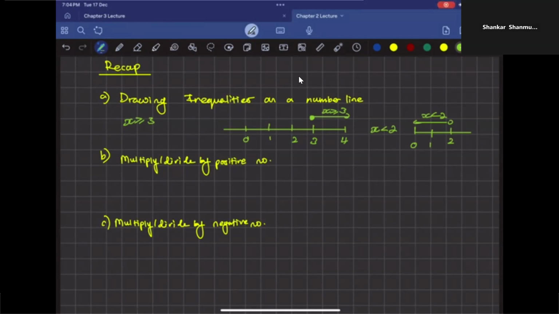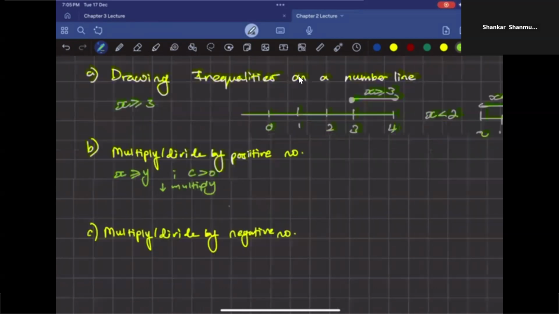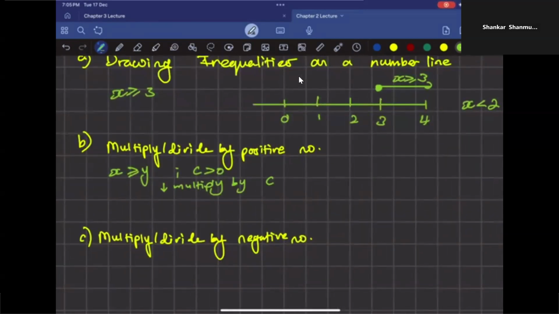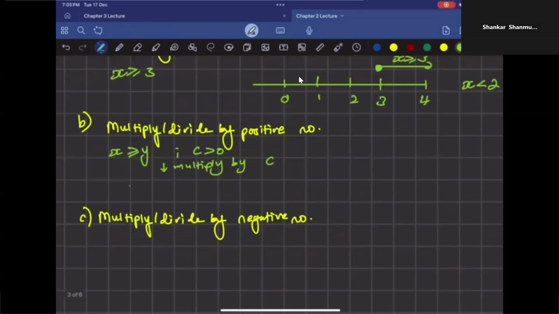So, if you multiply and divide by a positive number, so for example, if you have x is greater than or equals to y, then given that c is greater than 0, when you multiply by c, your inequality sign remains the same. So it still stays as xc is greater than or equals to yc. Your inequality sign doesn't change.